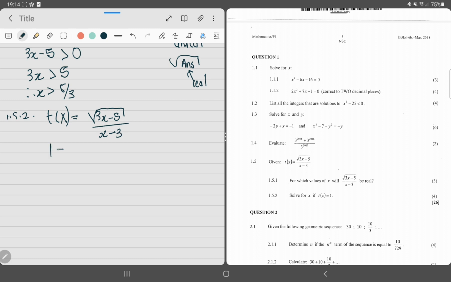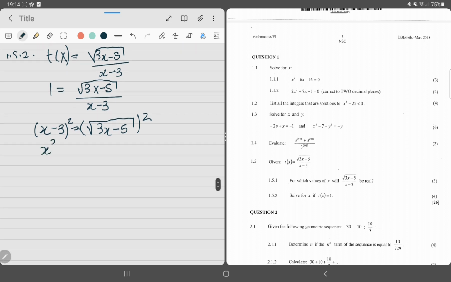So t of x is equal to 1. So the square root of 3x minus 5 over x minus 3 equals 1. So I'm just going to multiply both sides by x minus 3. So here I'll have the square root of x minus 3 equals 3x minus 5. And then I'm going to square both sides.